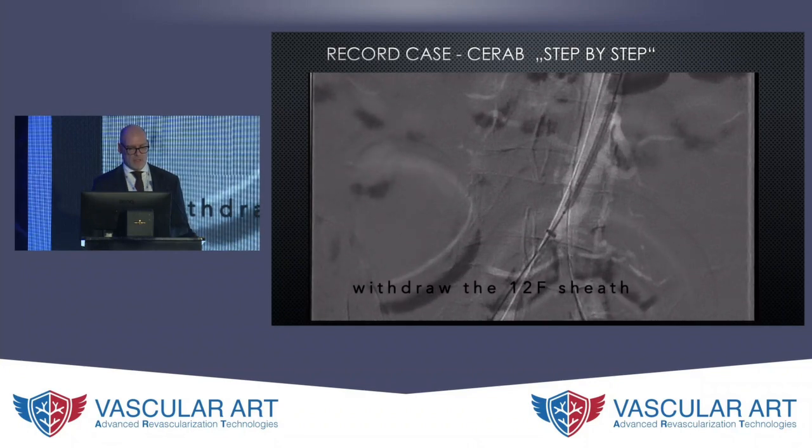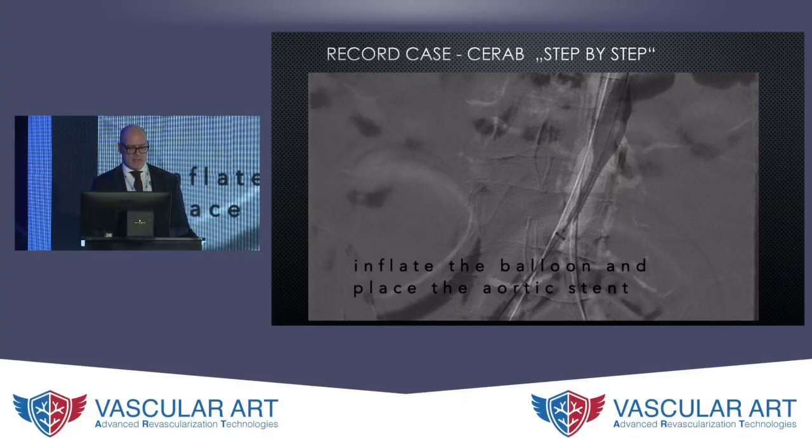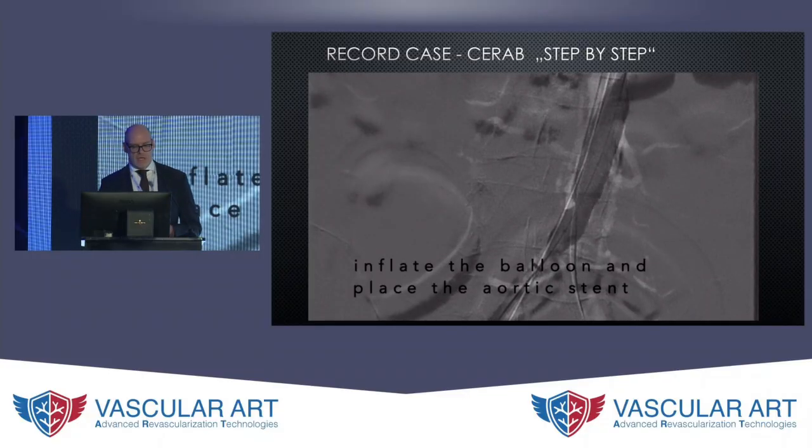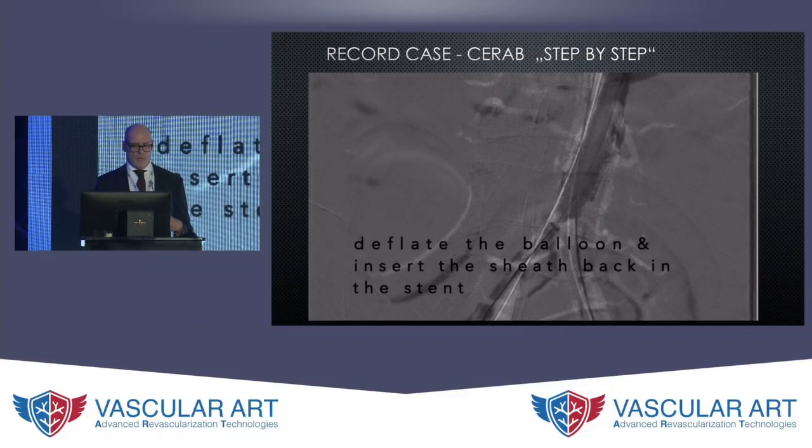And then we withdraw the 12 French sheath in that case and place the aortic stent. And this is 1.5 centimeter above the bifurcation. And we rebuild a new bifurcation with the iliac stents after that.